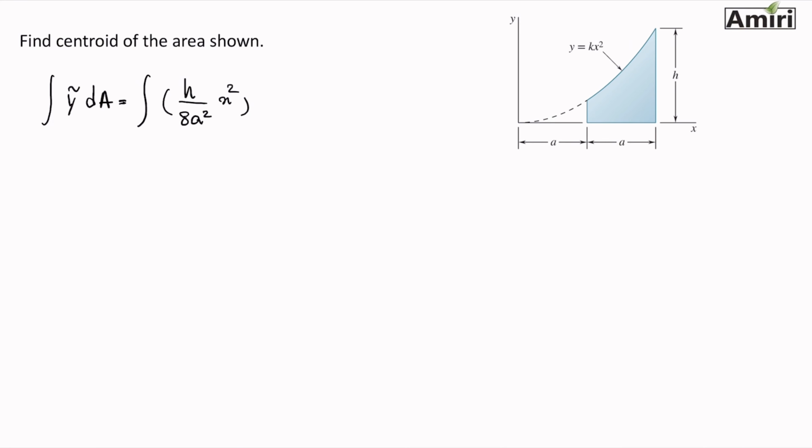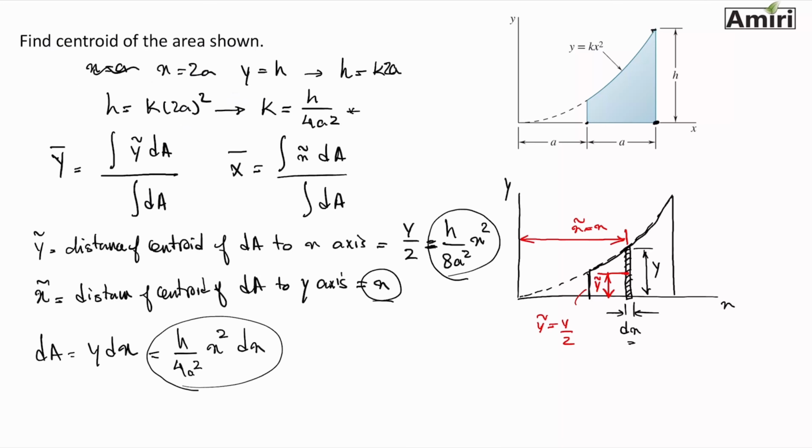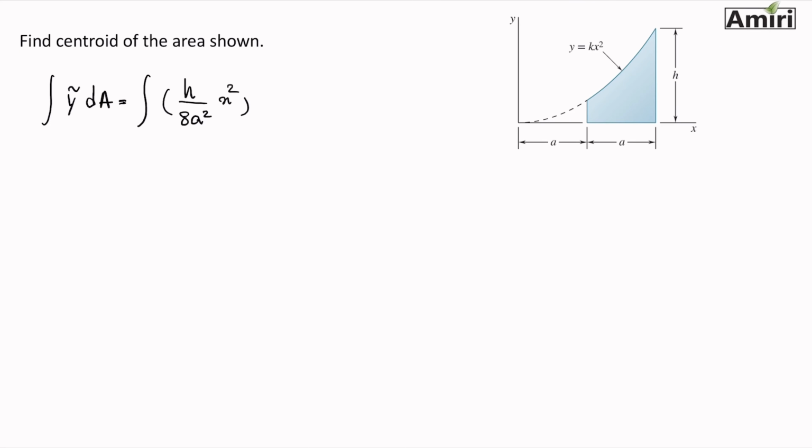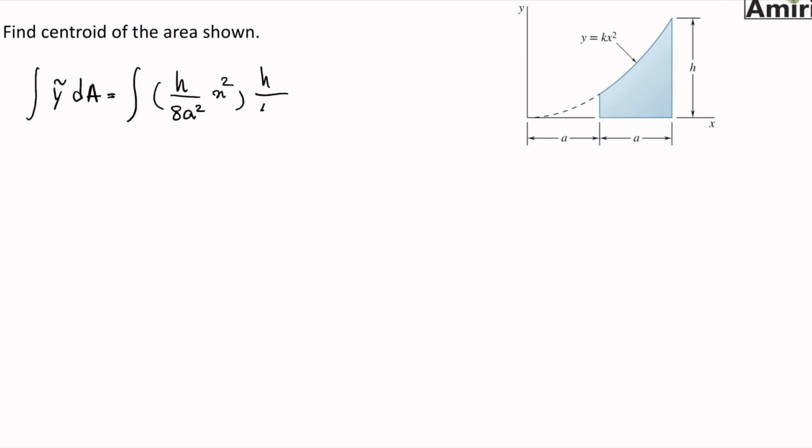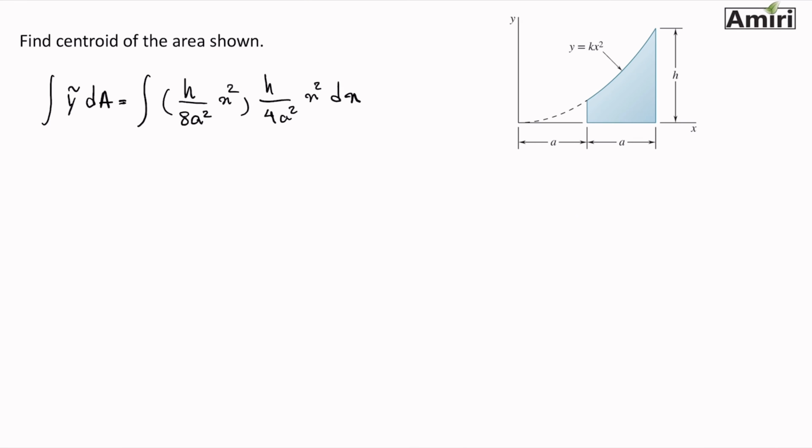That's my y tilde, and my dA is h over 4a squared x squared dx. Looking at limits, I have dx here, so limits of my integral are going to be x1 to x2. My area starts from a, goes to 2a, so a to 2a.